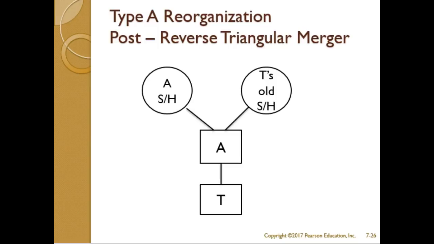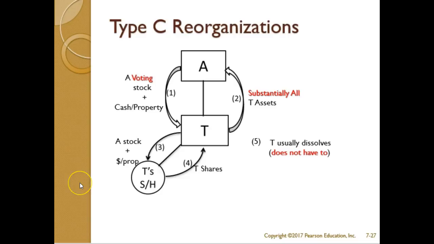So then we have type C reorganization. Okay, so a type C reorganization is an asset for stock acquisition that requires the acquiring corporation to obtain substantially all the target corporation's assets in exchange for acquiring corporation voting stock and possibly a limited amount of other consideration, maybe property or cash is listed here.